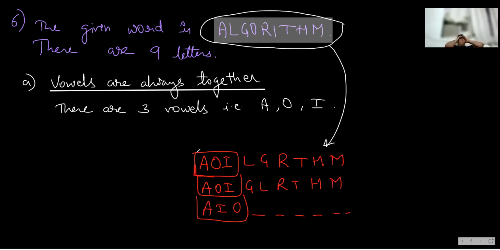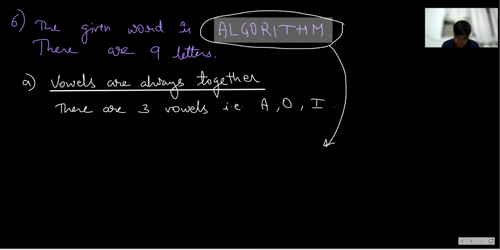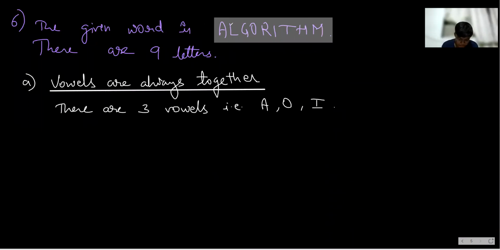So this is what they mean by saying that vowels are always together. Good. So what should I do in order to keep the vowels always together? See, students, you just saw the example where I arranged all the 9 letters amongst themselves, with no conditions like this.